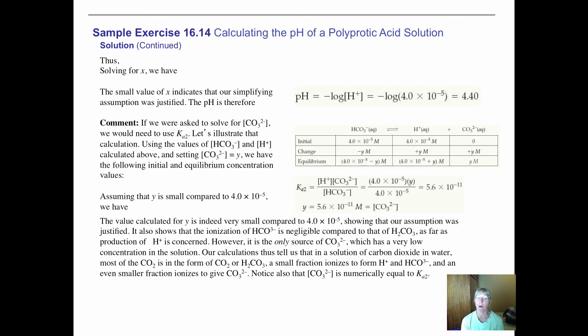That is equal to 1 when they're divided by each other, and the concentration of the carbonate ion at the end of the second ionization is 5.6 times 10 to the minus 11. Notice that that's very, very small, and also notice that the carbonate ion concentration is the same as the value for Ka2. So only a tiny amount of that HCO3 minus will turn into hydrogen ion and carbonate ion.